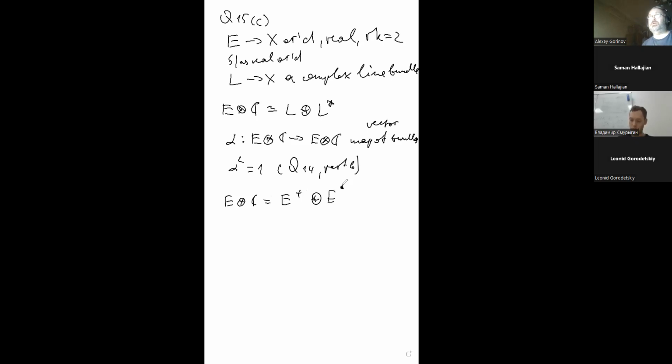Normally it's difficult, but we already have one decomposition, and we're looking for another decomposition.